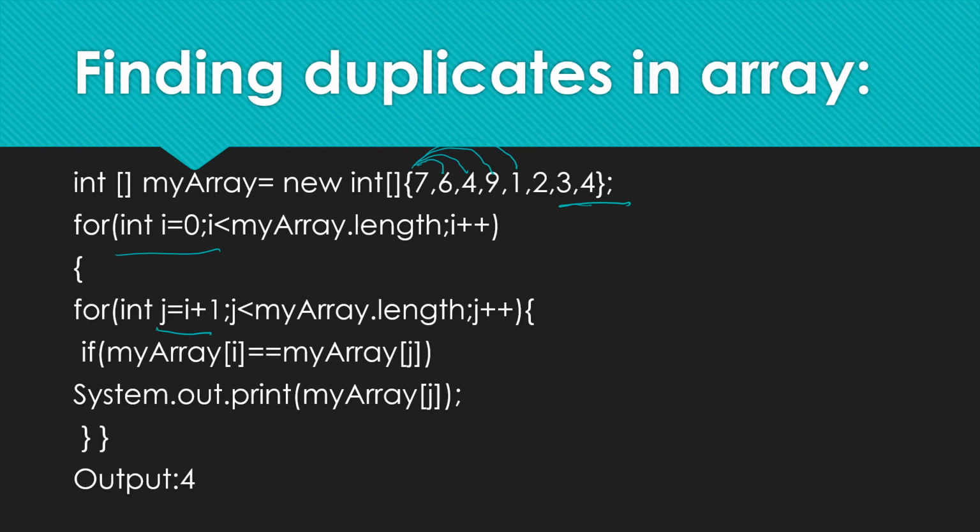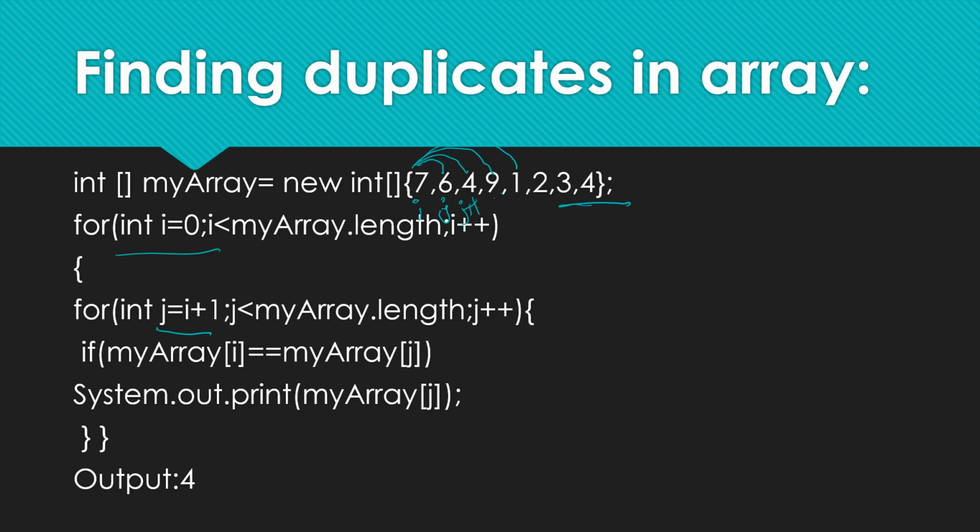So i is going to be 7, and j is going to be 6 at first. So we are going to keep the i as 7, and then we are going to increment the j, like j plus 1, j plus 2, like that. We are going to keep on incrementing the j, and comparing with i.